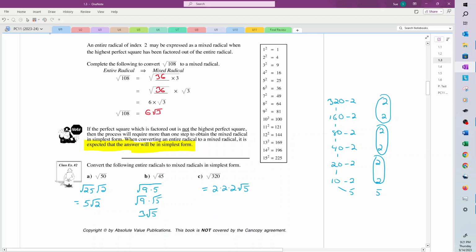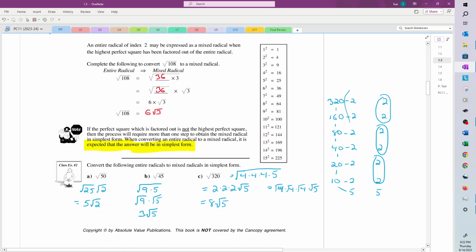Or I could do it as the square root of 4 times 4 times 4 times 5. So this is root 4 times root 4 times root 4 times root 5. And since root 4 I know is 2, then that becomes 2 times 2 times 2 times root 5, which is 8 root 5.